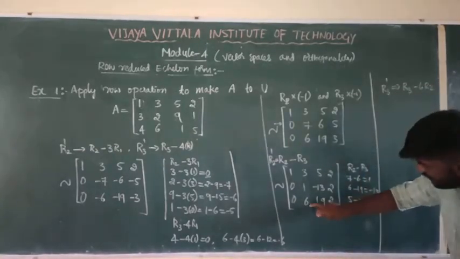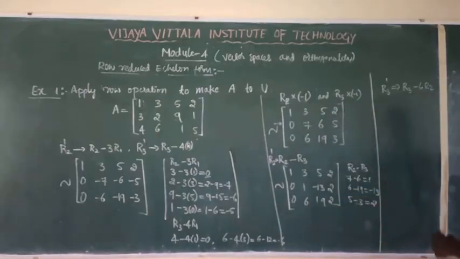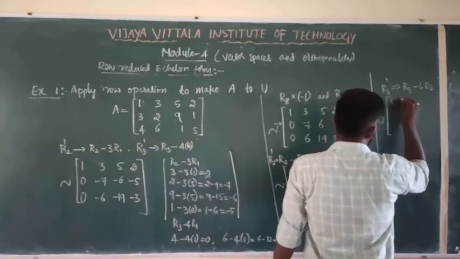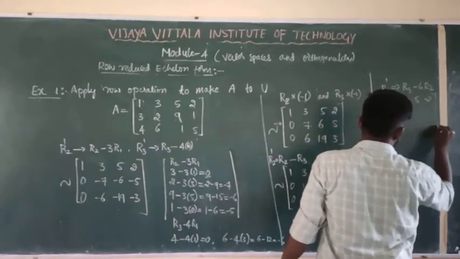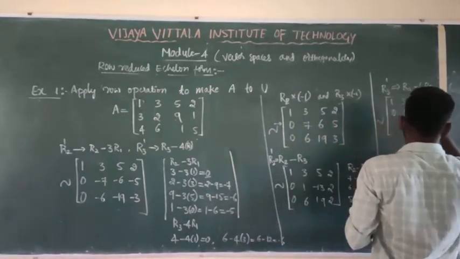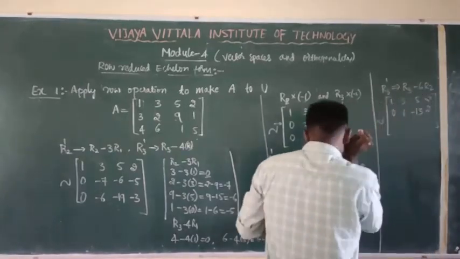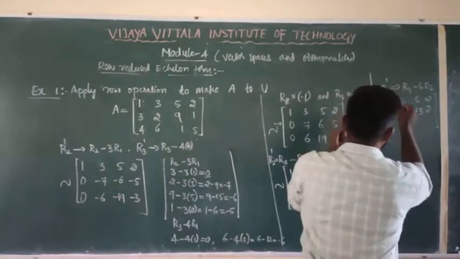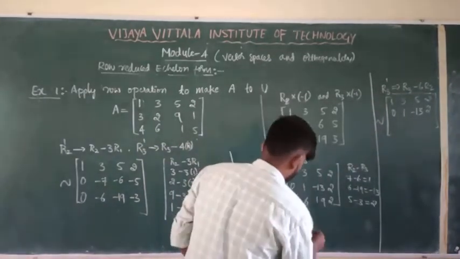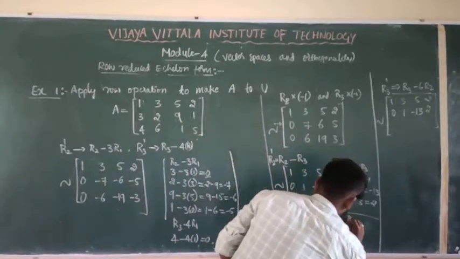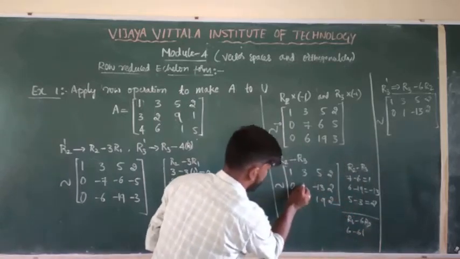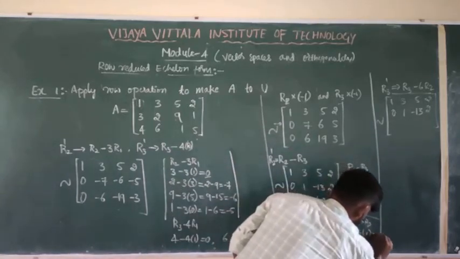The first row is as it is, 1, 3, 5, 2, and the second row is 0, 1, minus 13, 2. In the third row, R3 is 6 minus 6 into 1, which equals 0.